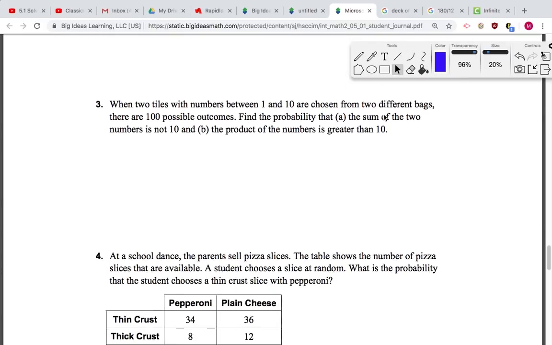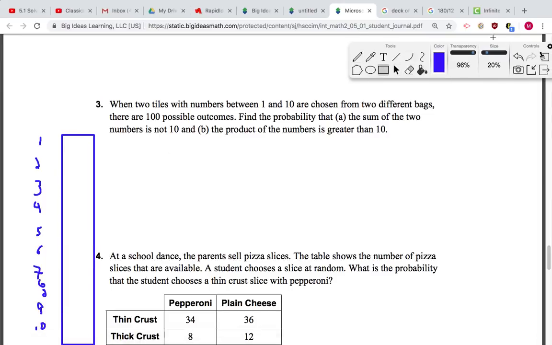Okeydoke. When 2 tiles with numbers between 1 and 10 are chosen from 2 different bags, there are 100 possible outcomes. Find the probability that the sum, that means when you add them, of the 2 numbers is not 10. So again, we have the setup 1, 2, 3, 4, 5, 6, 7, 8, 9, 10, and we duplicate that over here.